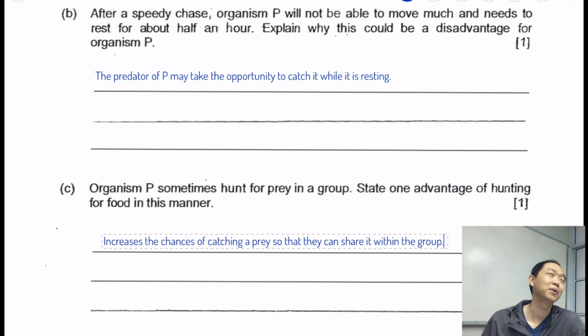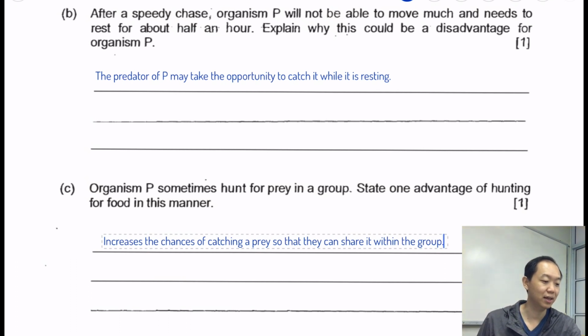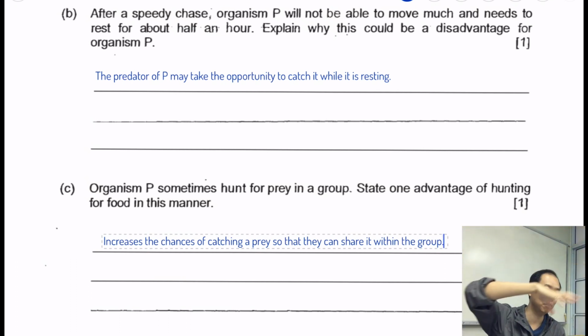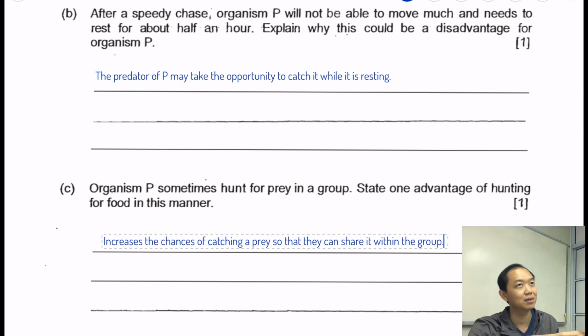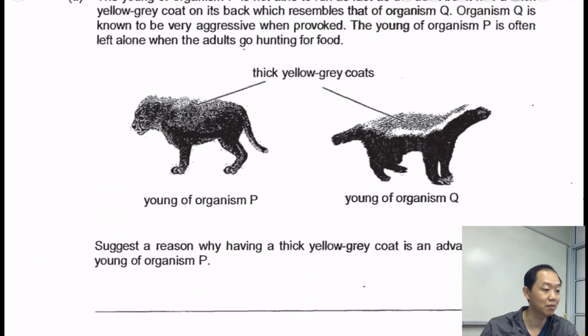Then the bigger one will run away first. Like I will run away, like you go take care of yourself. Okay, so the leopard, one group of them will cover the prey, so the prey cannot run away. Okay, so eventually they will catch the prey and they can still share among themselves.